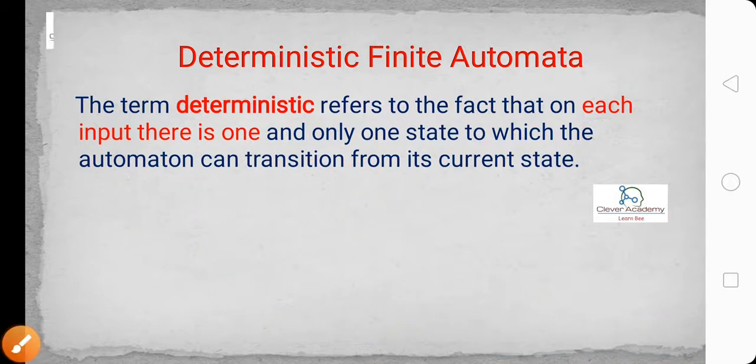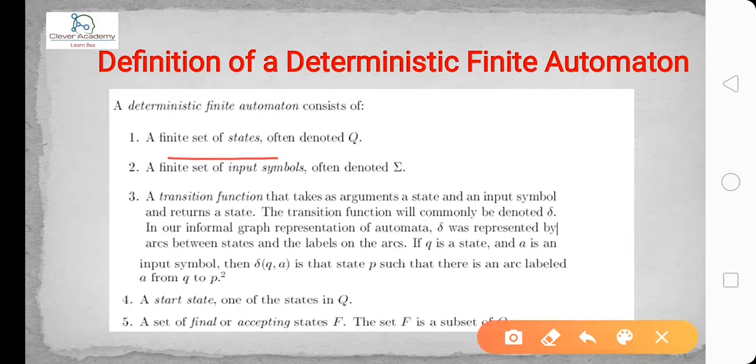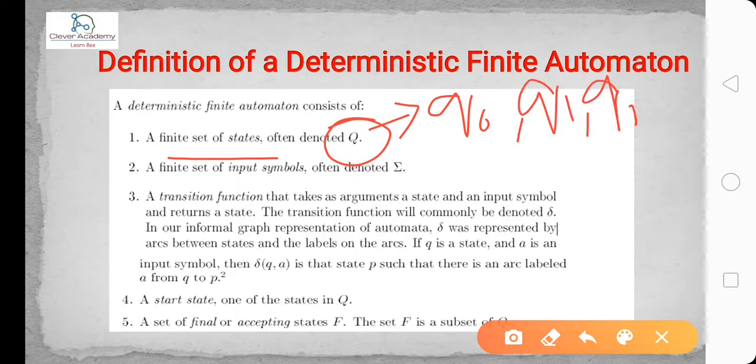A deterministic finite automaton has a 5-tuple representation, the same as a finite automaton. The first is the set of states, denoted by capital Q, which you can denote as Q0, Q1, Q2 and so on.